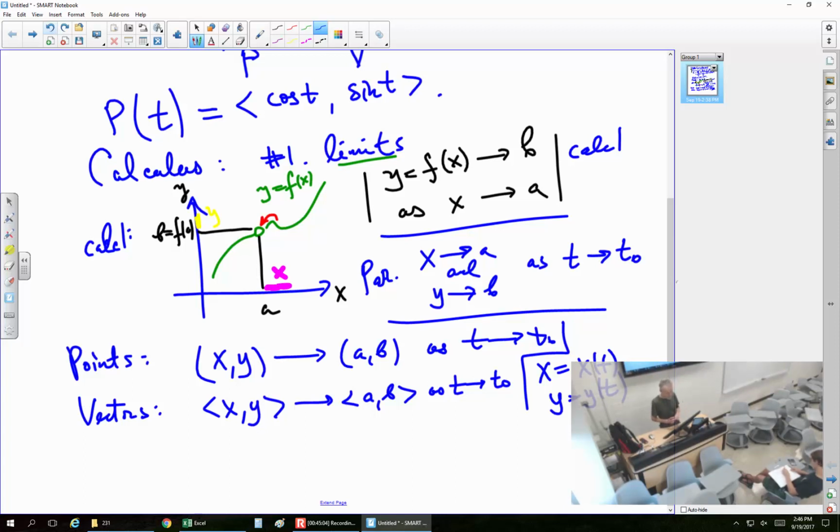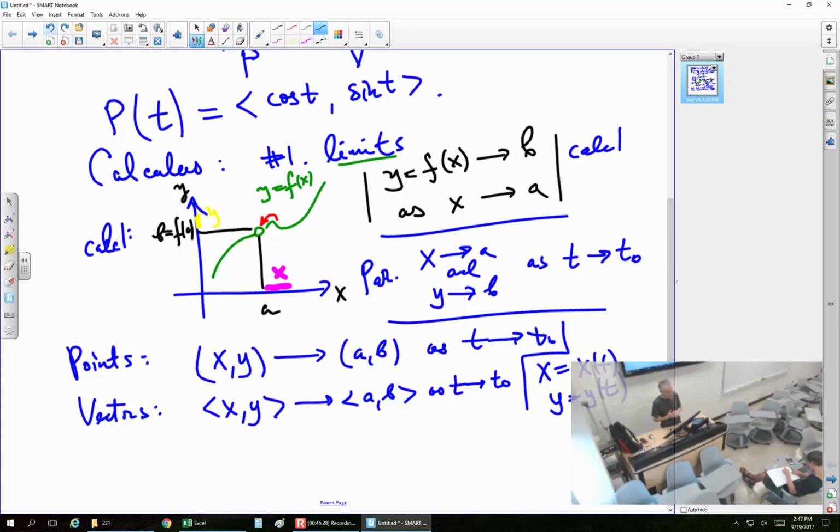Before we move on, you cannot really easily express this in terms of that. So x approaching A and y approaching B, you have to realize that it's happening simultaneously.